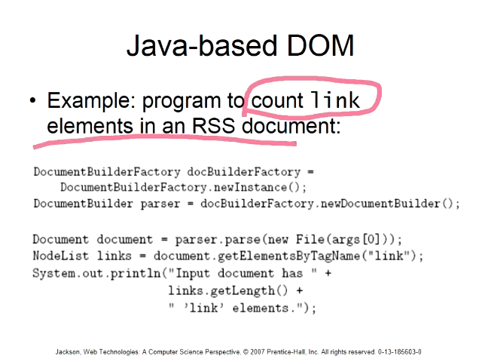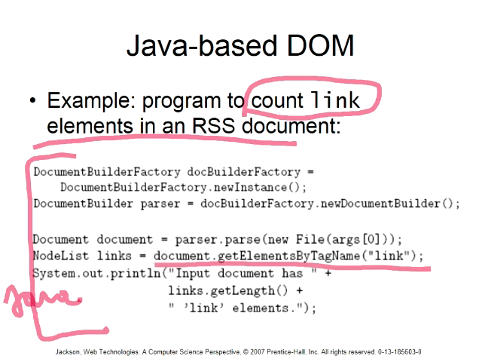If we want to count all link elements in an RSS document, this is the Java code to count these links. document.getElementsByTagName returns all the links, and after that links.getLength gives us the number of these links.